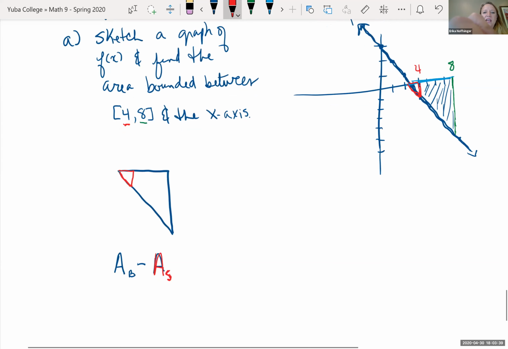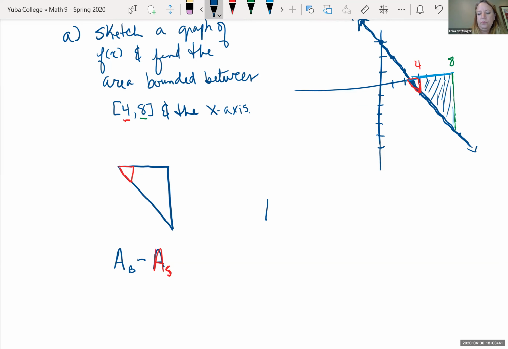Okay, so let's look at the area of the big triangle. Well, this is 1/2 times base times height. So if I look at this whole total distance, this is actually from negative 3 to 8. So the whole base is 5.